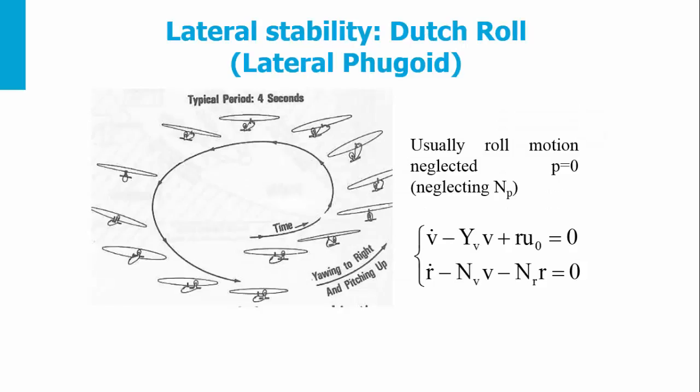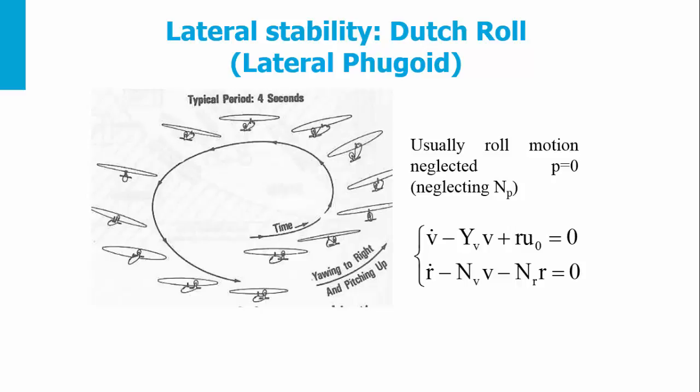The first mode which comes into discussion is the Dutch roll, or the so-called lateral phugoid. The Dutch roll is an oscillatory combination between roll and yaw motion. The name Dutch roll comes from the similarity to an ice skating figure of a Dutch skater.